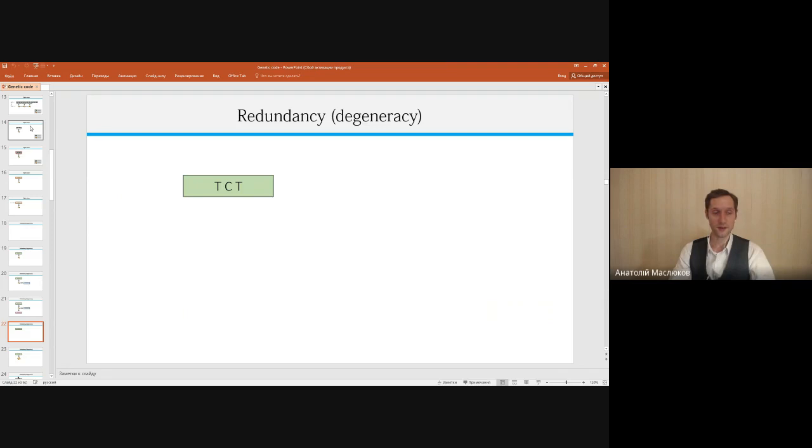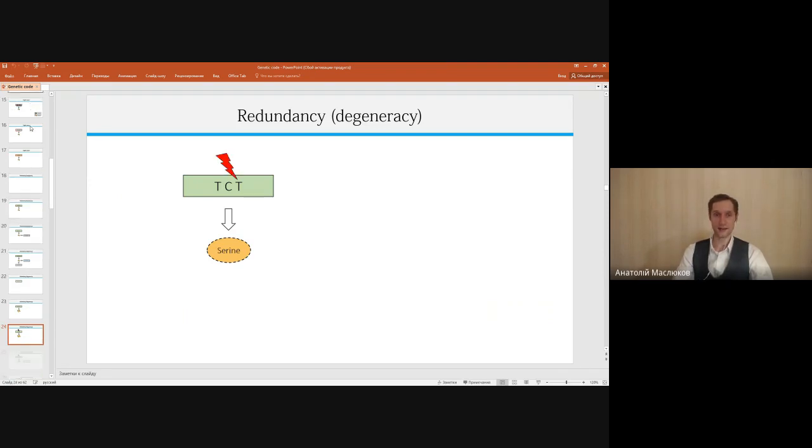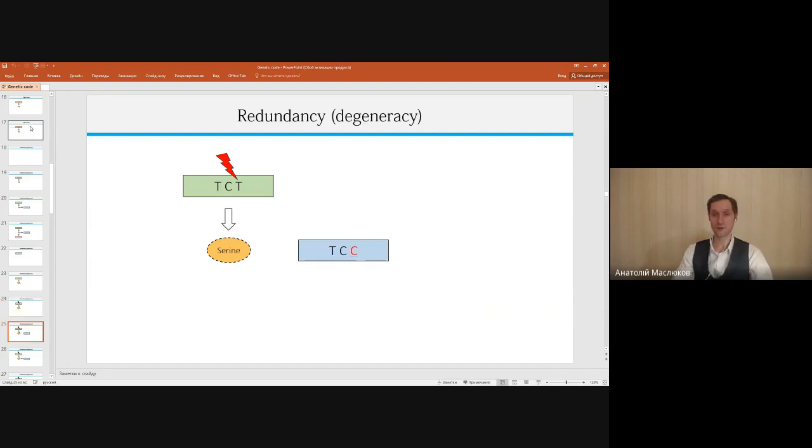For example, if we have the triplet thymine, cytosine, thymine, this triplet gives us information about the amino acid serine. And let's imagine that due to a sudden mutation, the last thymine in this triplet was changed to cytosine. You see, now instead of thymine, cytosine, thymine, we have another triplet, thymine, cytosine, cytosine.